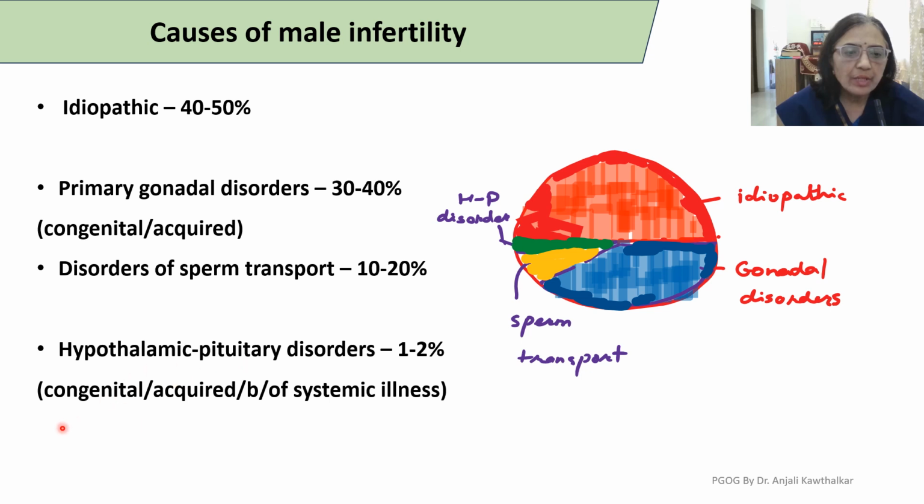This HP disorder can be congenital, acquired, or because of any systemic illness, but it contributes to a very small proportion of patients with male infertility. Whereas if we see the causes after idiopathic, the main one is the primary testicular disorder. It is the most common cause of male infertility.